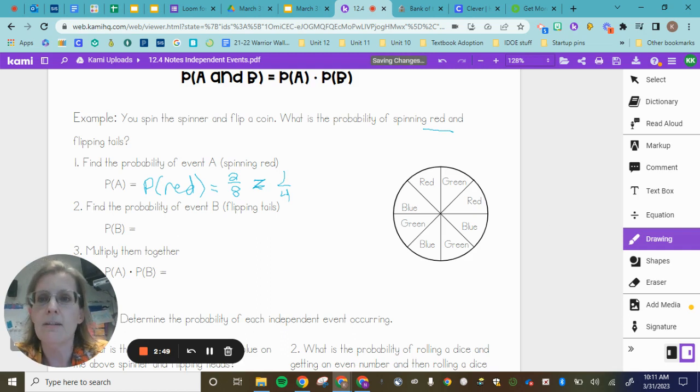And second, find the probability of getting tails. So now we have to find the probability of flipping a tails. That would be 1 out of 2 because you can either do heads or tails on a coin.